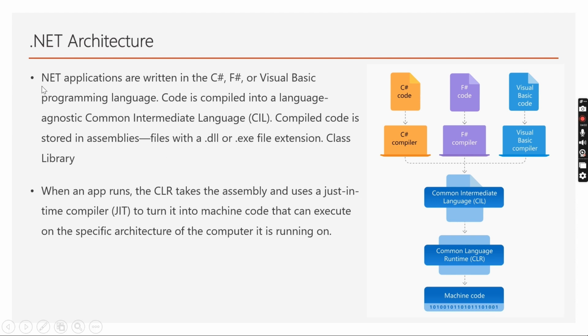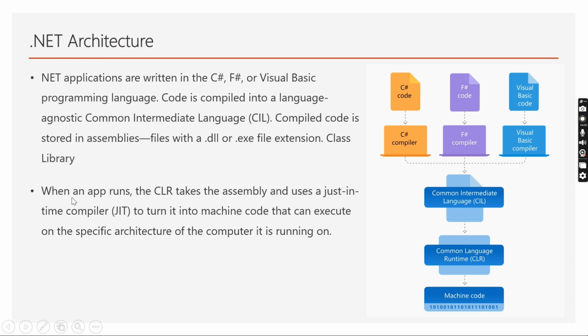The same thing is written here. .NET applications are written in the C#, F#, or Visual Basic programming language. The code is compiled into a language-agnostic common intermediate language. So it is common for all, whatever code we write changes to the common intermediate language. The compiled code is stored in assembly files, that is DLL or exe files.